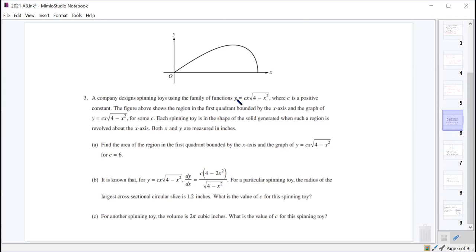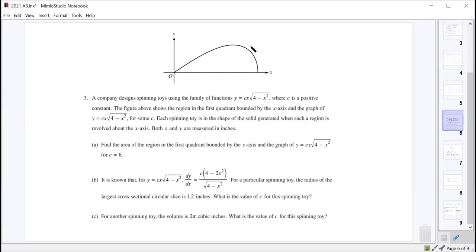So we got this spinning toy company. They're using the family of functions y equals cx root 4 minus x squared, where c is just some positive constant. And so that's the graph of cx times square root of 4 minus x squared for some c. And they're saying that these spinning toys are just in the shape of this solid when it's rotated around the x-axis.